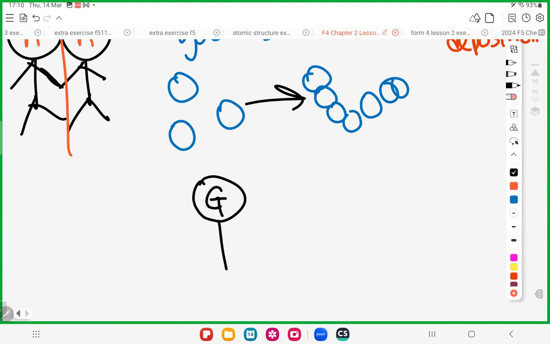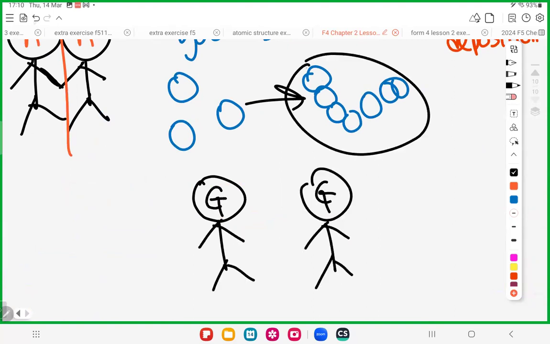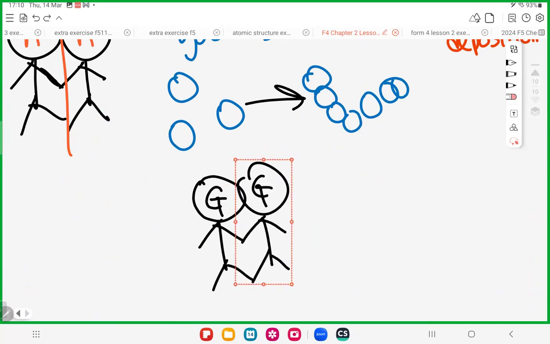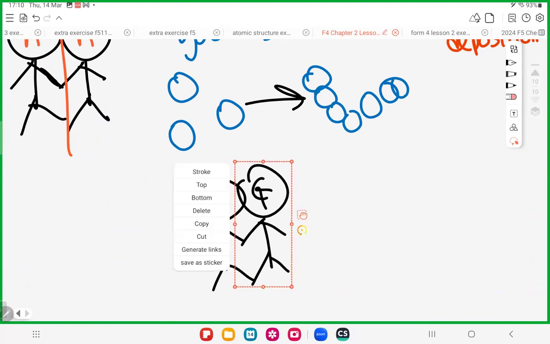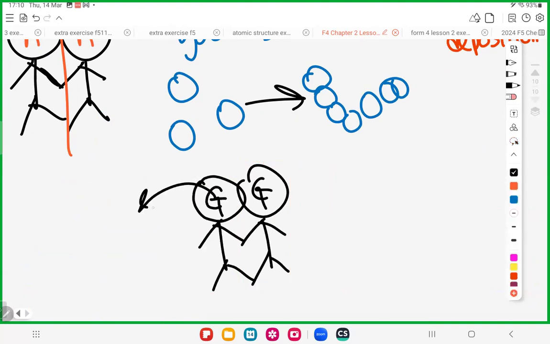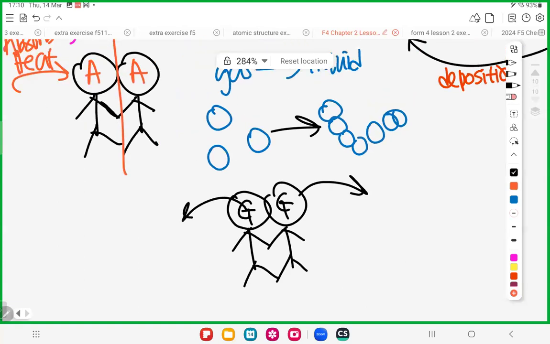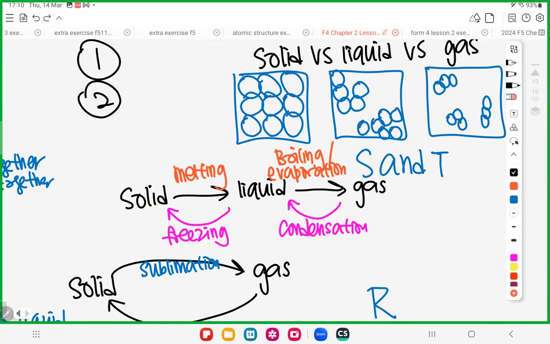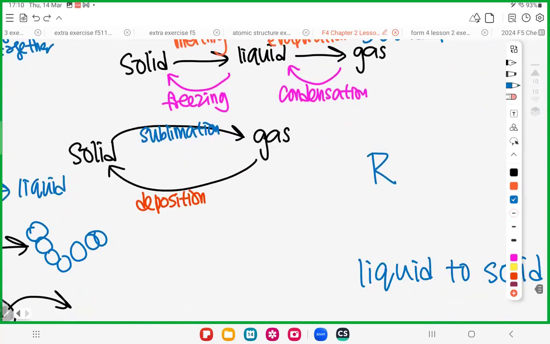This is a gas. This is a gas. So if you want to stick together again, you want to hold people hand. When you're holding people hand, so they will release energy. That's it. So remember, holding, joining together, release energy, break up, absorb energy. Okay, so that's it. What else we learned in the last lesson?